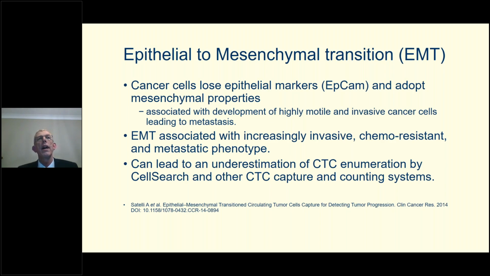So if we have a proportion of our circulating tumor cells that have undergone EMT, or epithelial to mesenchymal transition, then using these epithelial type markers to identify circulating tumor cells might be a fundamental flaw in the way in which we want to identify, measure and evaluate circulating tumor cells.